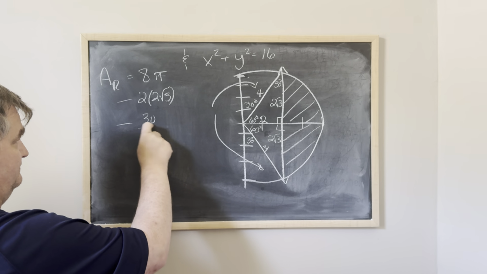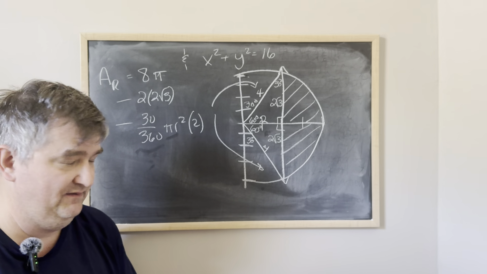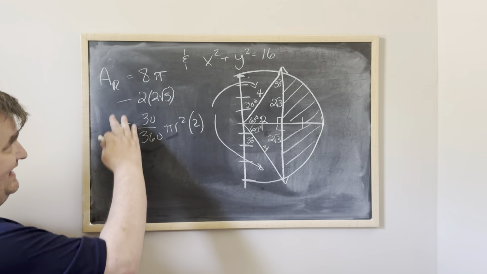So we have 30 degrees. The whole circle is 360 degrees. Note, if you try to do this in radians, this is not the formula for radians. It is theta over 2 because there are 2 pi radians. So keep that in mind. So the fraction of the 360 degrees you're taking out multiplied by the area, and since you have 2 of them, you have, in essence, a doubling effect. That is the area of this shaded region.